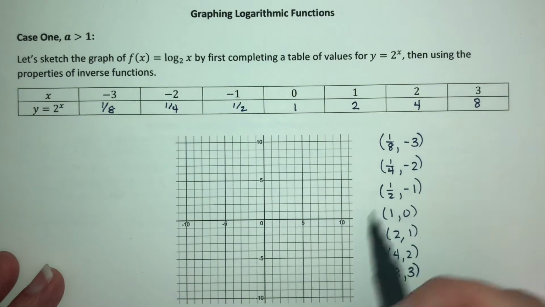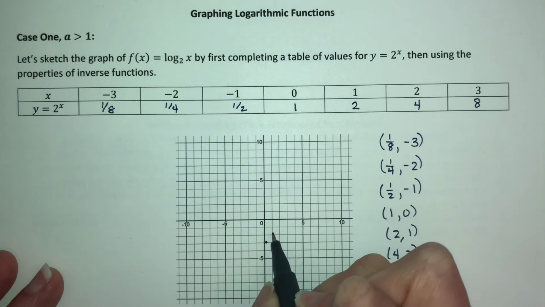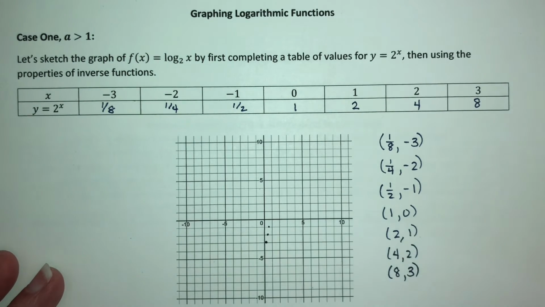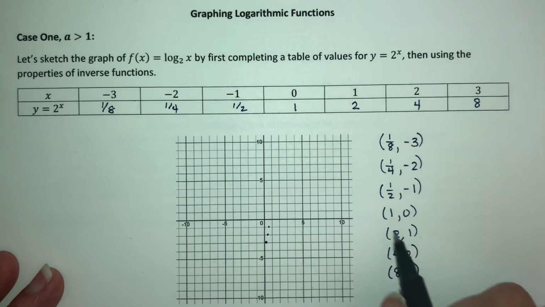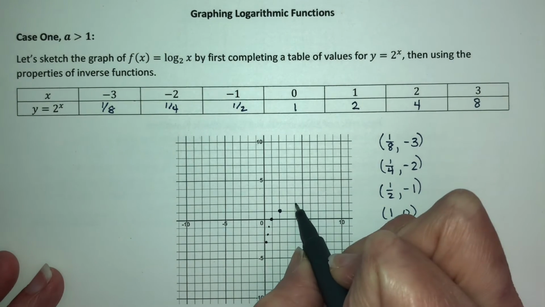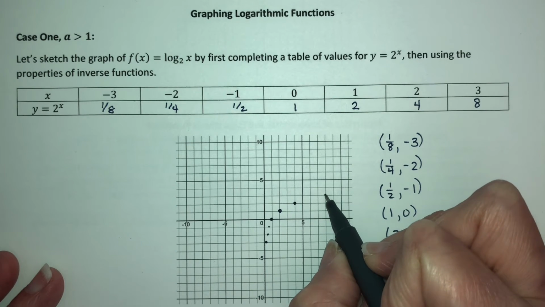So estimating these, 1/8, -3, 1/4, -2, 1/2 here is getting really hard to do, but you get the idea, it's getting close right here. And then 1, 0, 2, 1, 4, 2, and 8, 3.